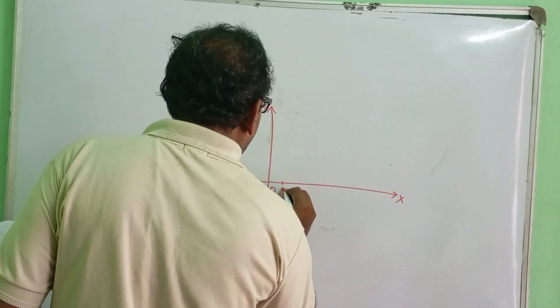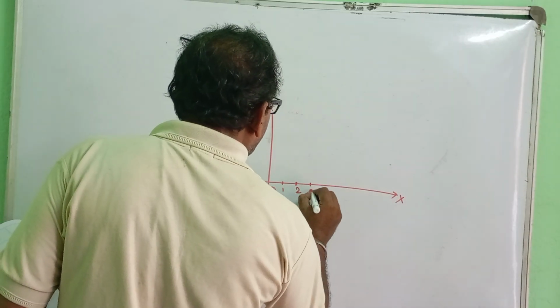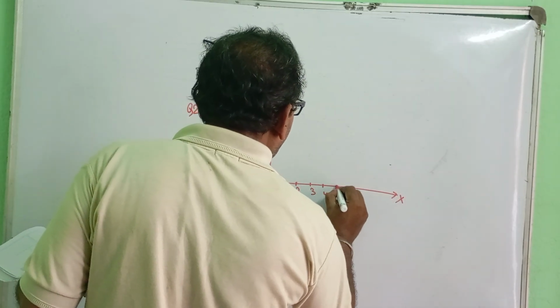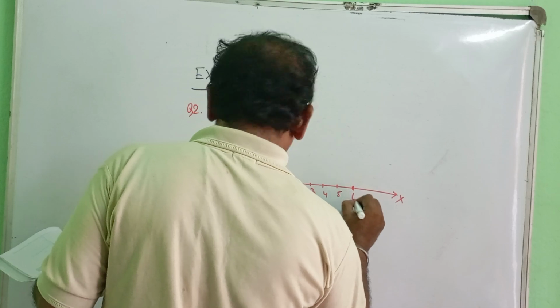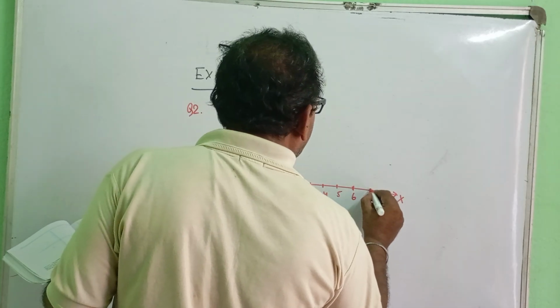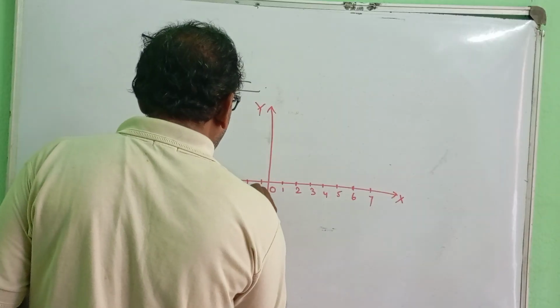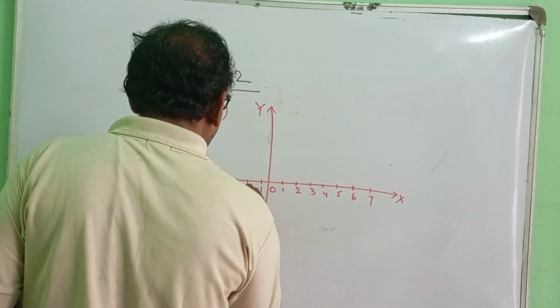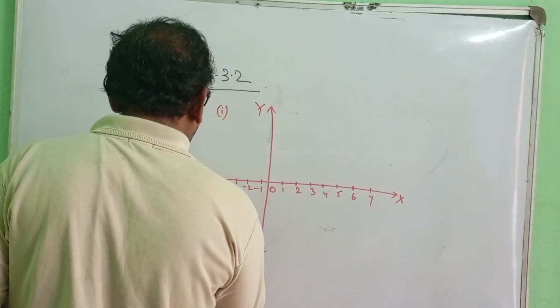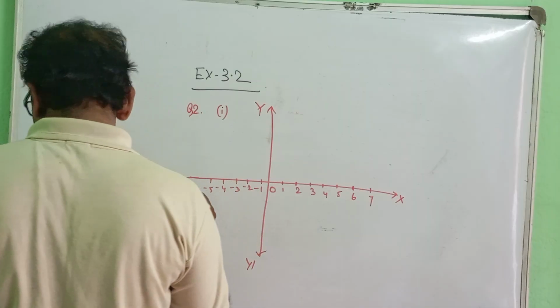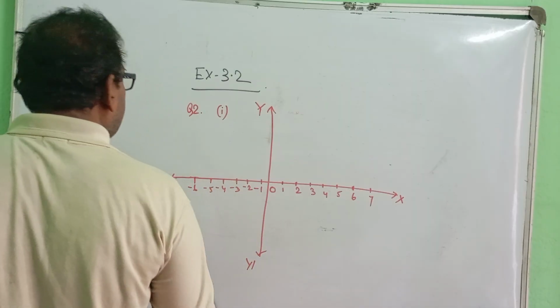Now this is 1, 2, 3, 4, 5, 6, 7, and this is also minus 1, minus 2, minus 3, minus 4, minus 5, minus 6.